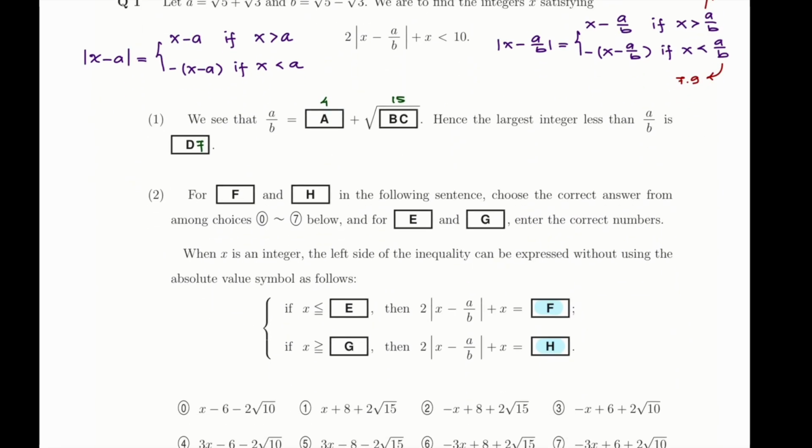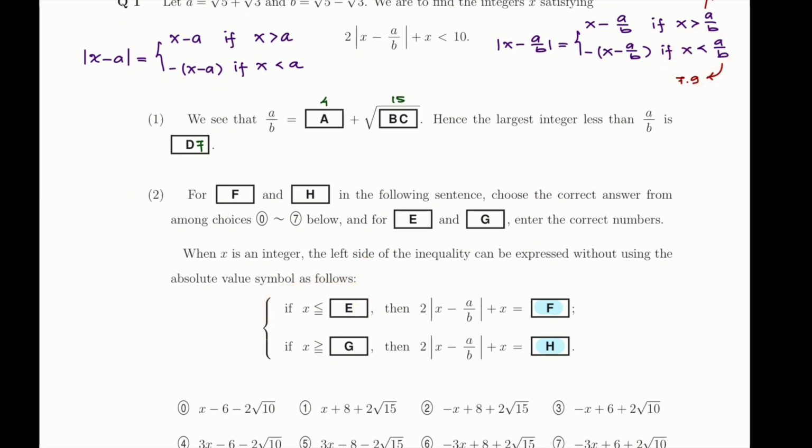So if you see from this equation, if x is less than or equal to e, here e is an integer. If you see the inequalities, we have less than or equal to, so refer to this part. If x is less than or equal to an integer, then I think e is 7, because x is less than 7.9. If we want to write down the integer which is less than 7.9, then my answer is 7.